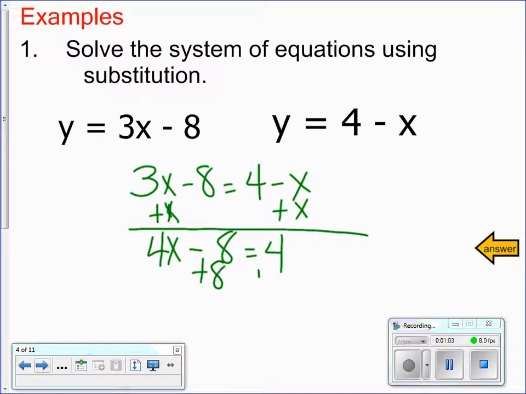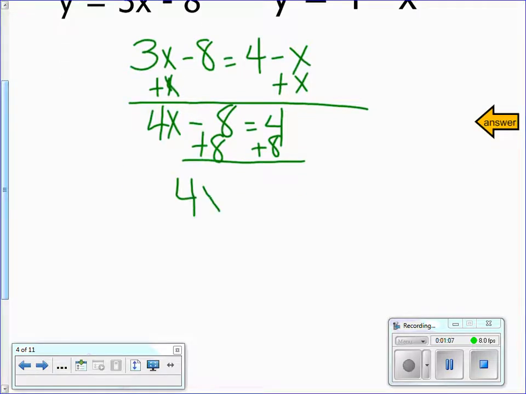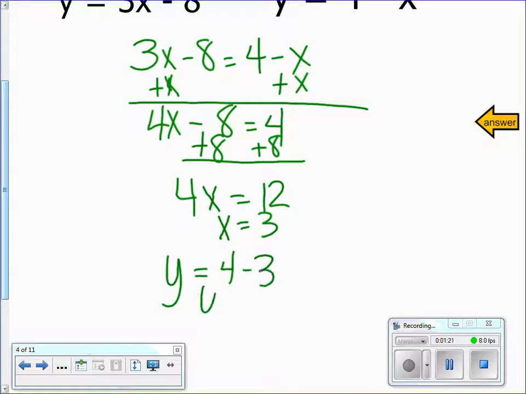Add 8 to both sides, and we get 4x equals 12. So x is equal to 3. Then we plug it back into either one of the equations. I'm going to use y equals 4 minus 3, so y equals 1. So my solution is (3, 1).